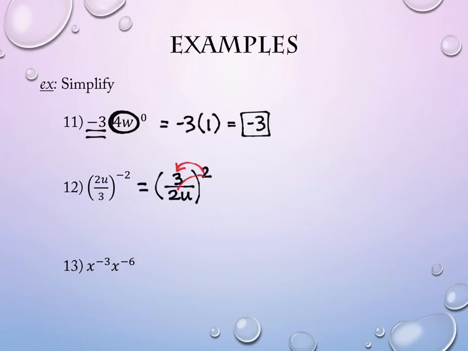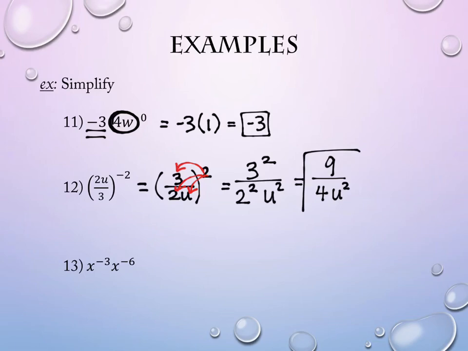So I have 3 squared, 2 squared, and u squared. Again, you don't have to show this all out, but show me something along the way. This is 3 squared, 2 squared, u squared. What is 3 squared? 9. 2 squared? 4. And then u squared. So I have 9 over 4u squared.